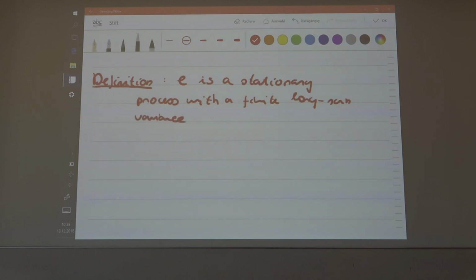Remember the long-run variance. So what was the long-run variance? I will add this here. The notation was omega, and I will use the process here itself. This is, or was, the variance of the process plus the total sum of the covariances, so 2 times the total sum of all autocovariances.